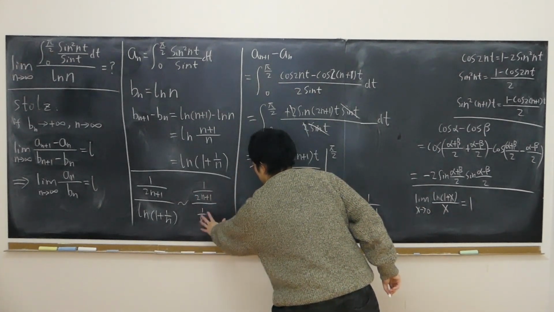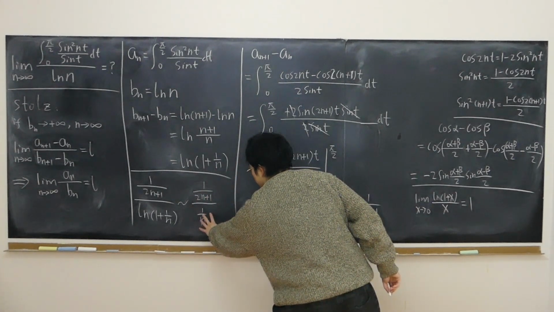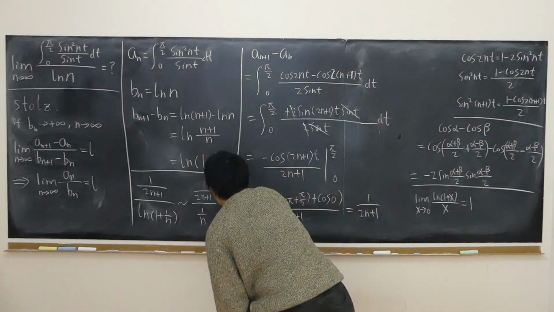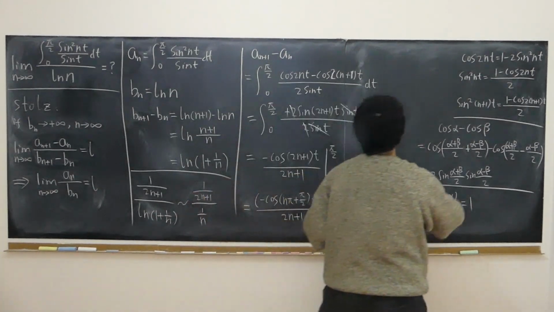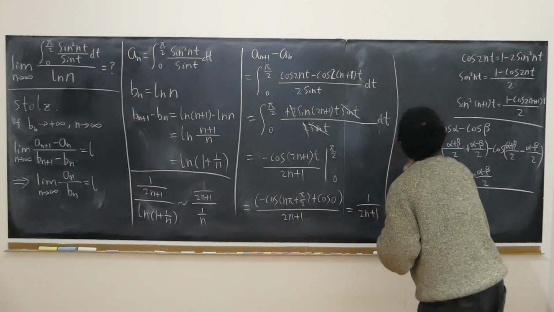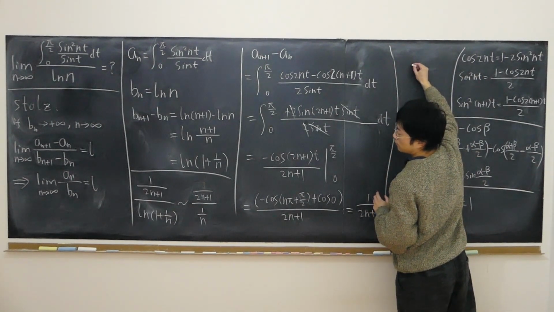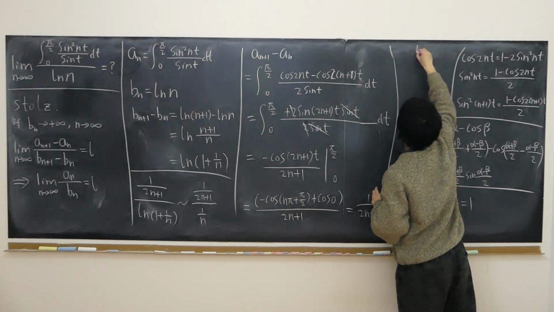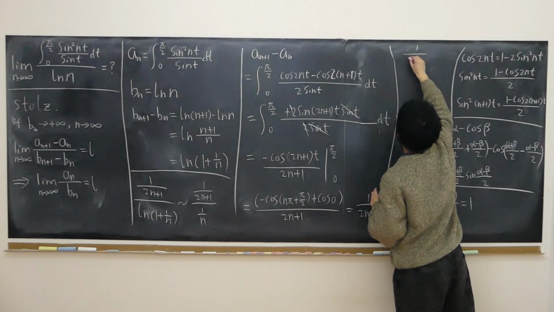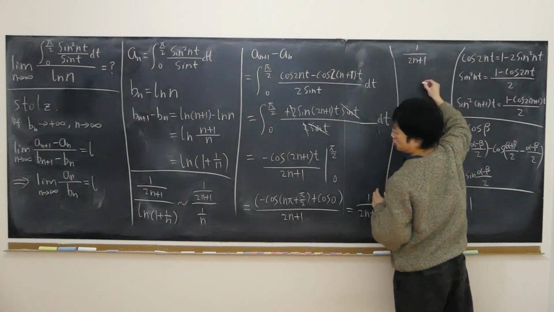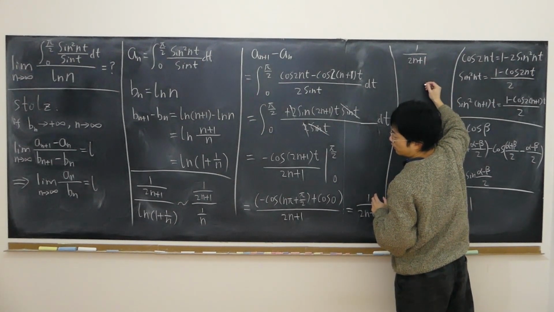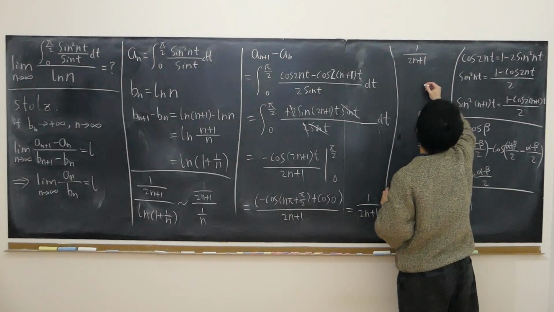Just need to work out if this limit exists. Now, this limit, obviously, is 1 over 2n plus 1 times n, right?